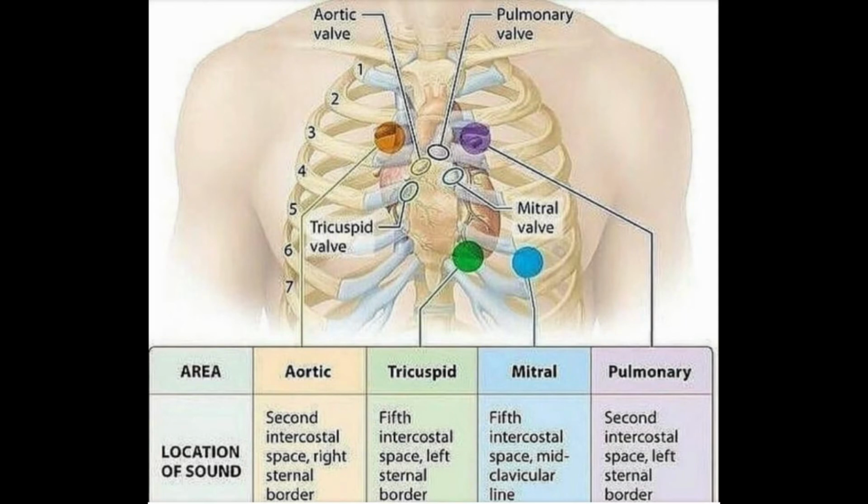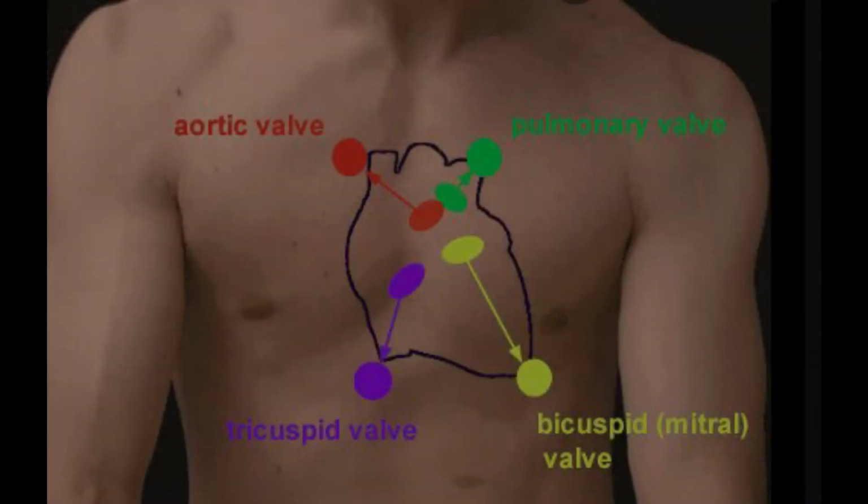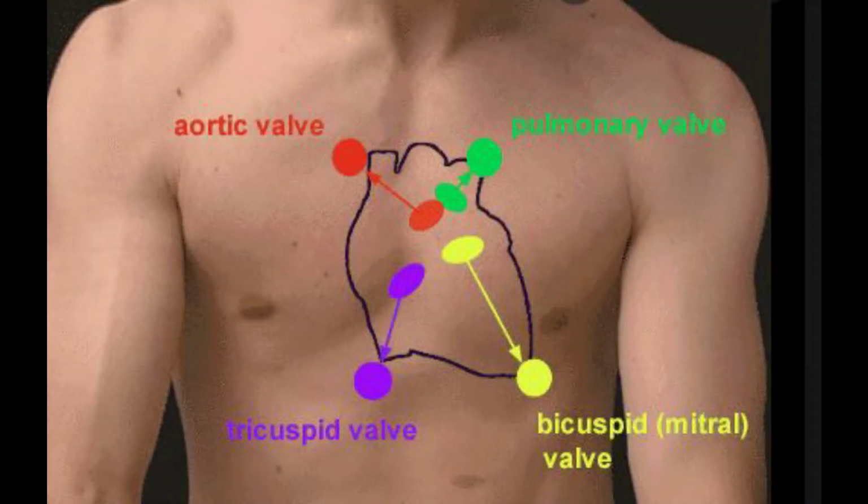That means the left side covers the mitral and pulmonary areas, the right second intercostal space is the aortic area, and the left fifth intercostal space just lateral to the sternum is the tricuspid area.